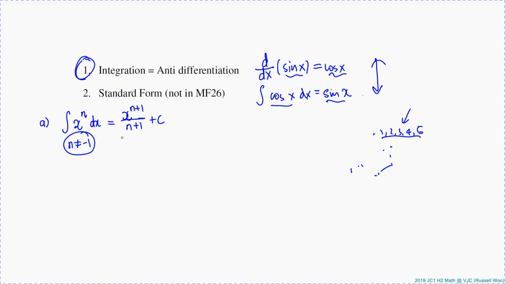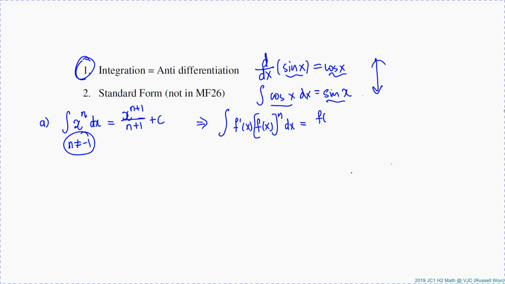Now, a little bit more advanced version of this formula is this. It means that if I integrate f prime x times fx to the power n, what do we get?